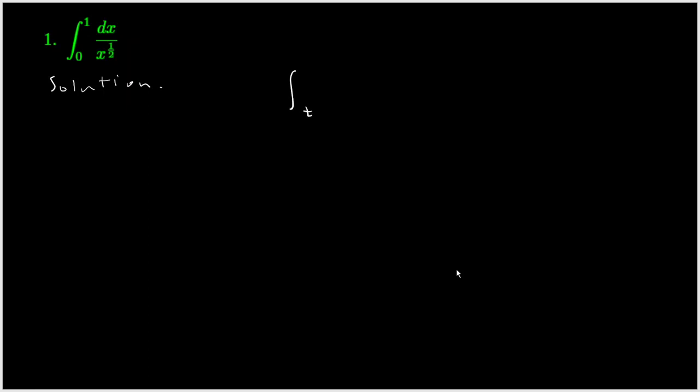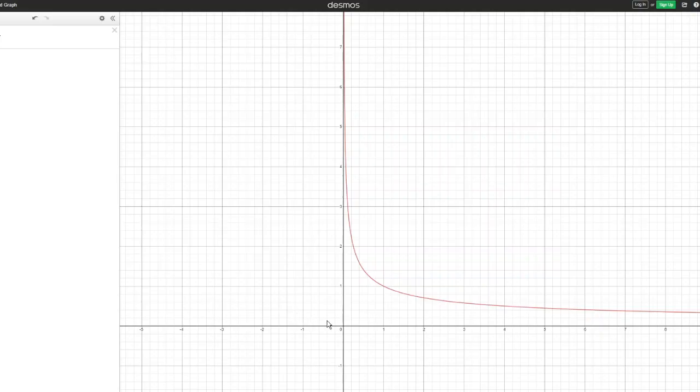It's possible to evaluate the integral from t to 1 as long as t is a number slightly greater than 0. I hope you can see that from the graph. You make the point t, so somewhere in here. So we can evaluate the integral from t to 1.